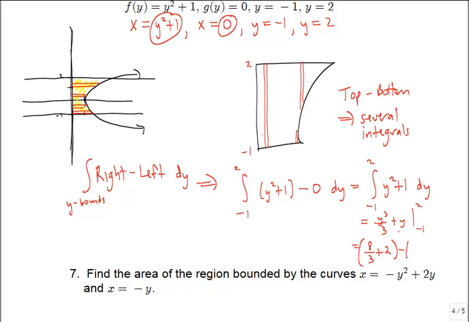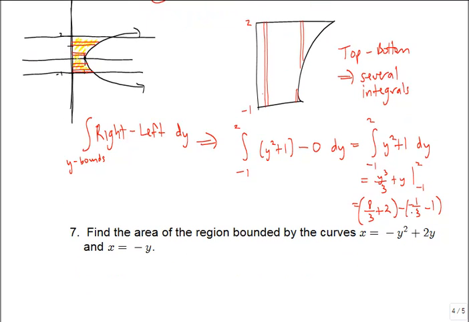If I plug in -1, -1 cubed stays negative, so this is -1/3 minus 1. And if we simplify that, we're going to get an 8/3 minus a -1/3, which becomes 8/3 plus 1/3, which is 9/3 or 3. And then we're going to get a 2 minus a -1, which becomes 2 plus 1, which is another 3. So this is just 6.